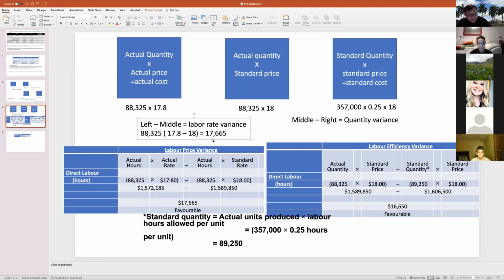Note this is a negative number, so this will be a favorable.